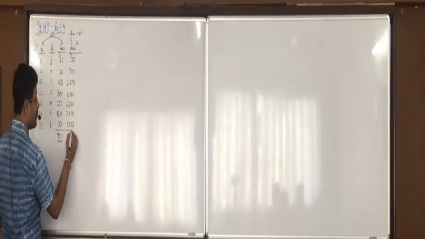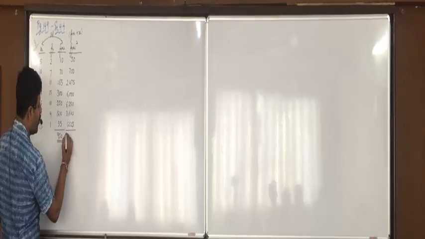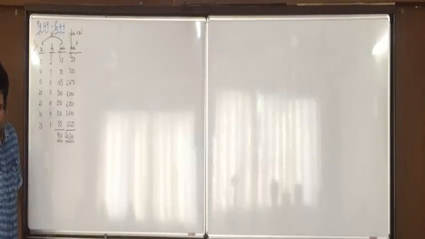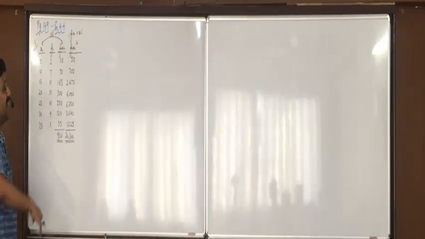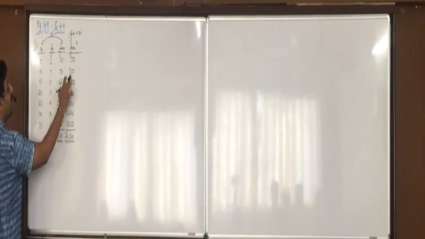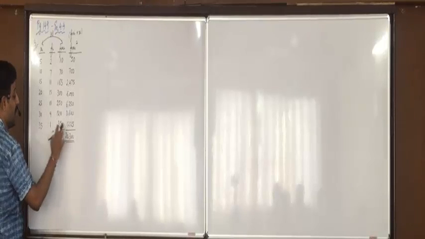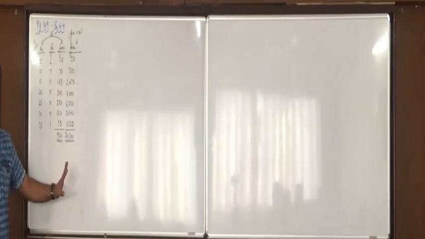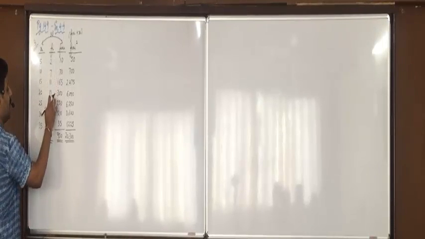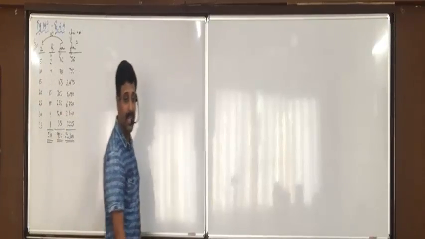Press MR. 20,300. Okay, I repeat, how is FiXi square found? FiXi into Xi: 10 into 5 is 50, 70 into 10 is 700, 165 into 15 is 2475, and so on up to 35 into 35, 1225. Any confusions in this? The total of Fi is also required, that is 50.